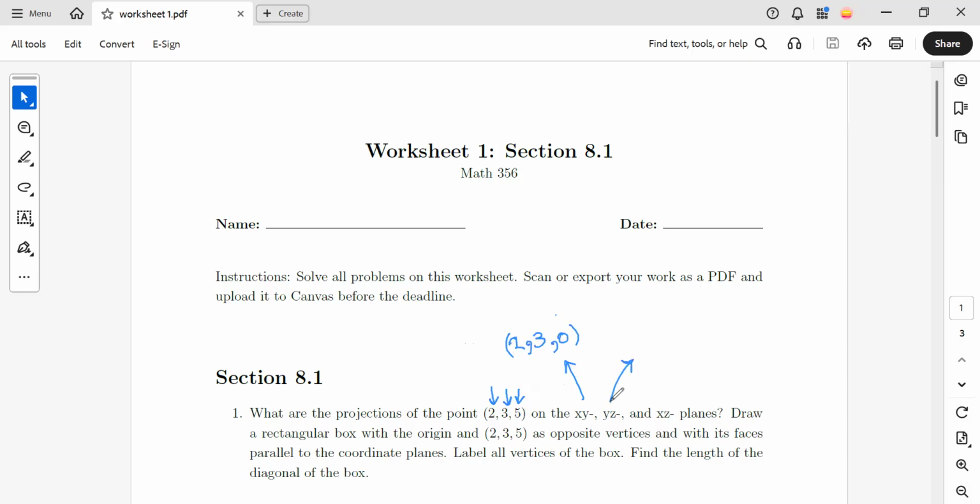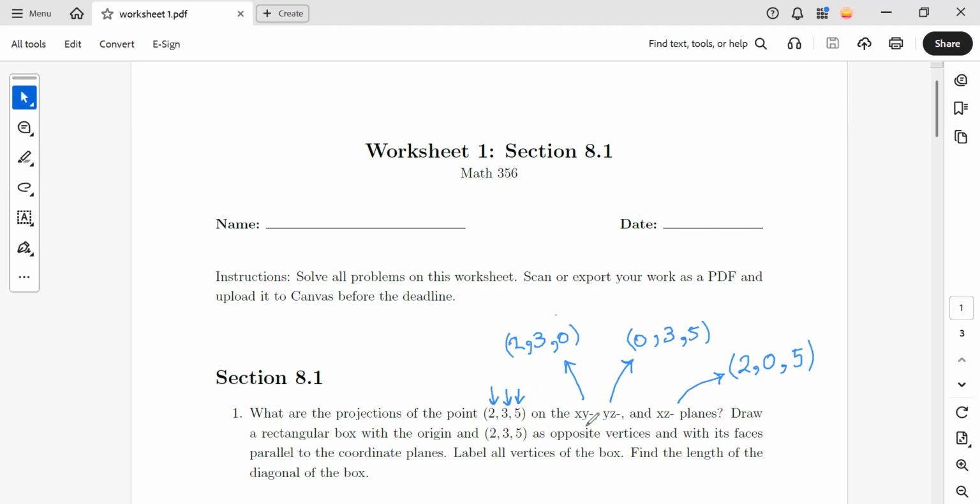For the yz plane, it is keeping y and z, which are 3 and 5, and 0 as x. And also the projection on the xz plane would be 2, 0, and 5.